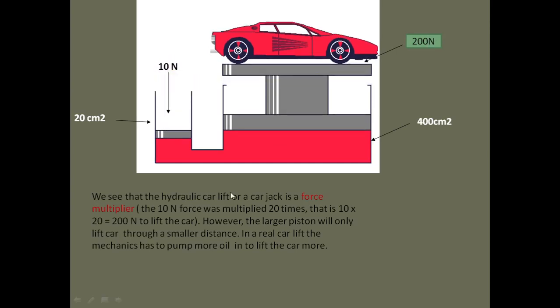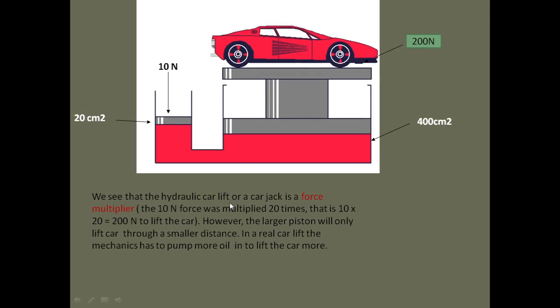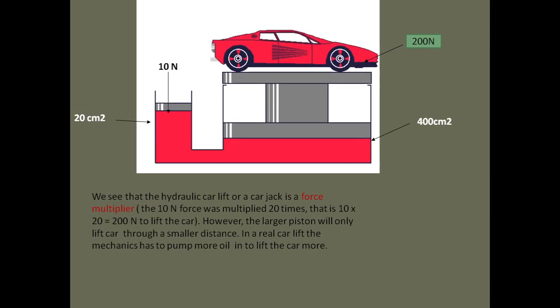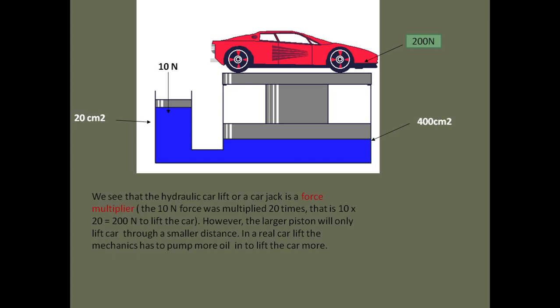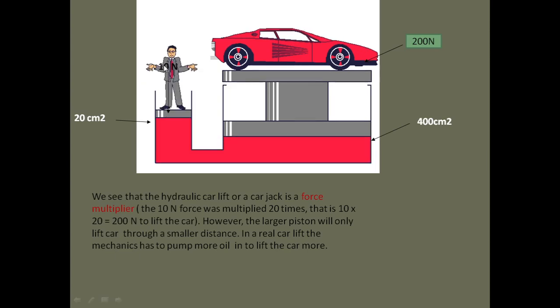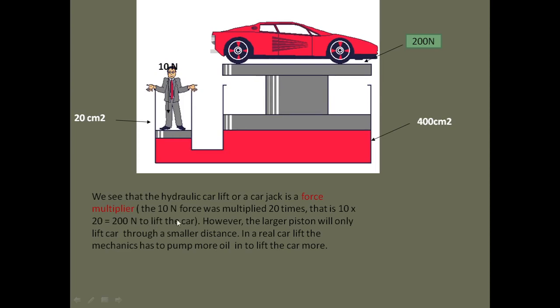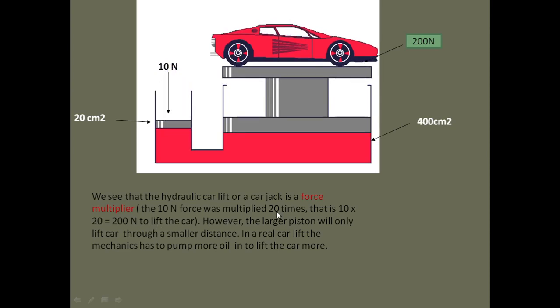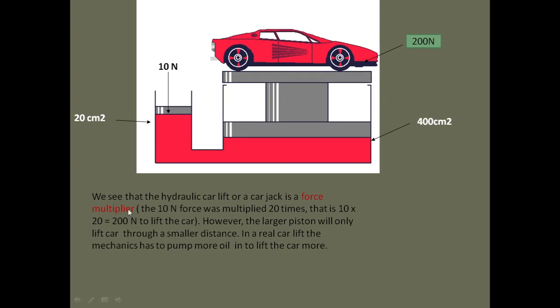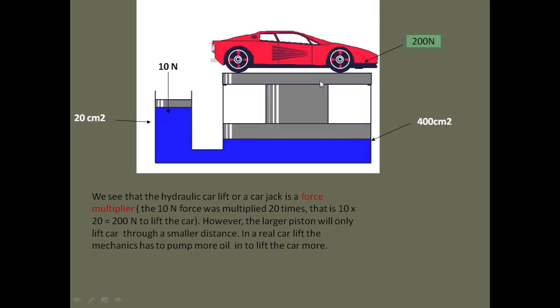We see that the hydraulic car lift, or a car jack, work on the same principle. It's a force multiplier, that it multiplies the force applied on one end. The 10 Newton force was multiplied 20 times, that is 10 times 20, which is 200 Newton, to lift the car.